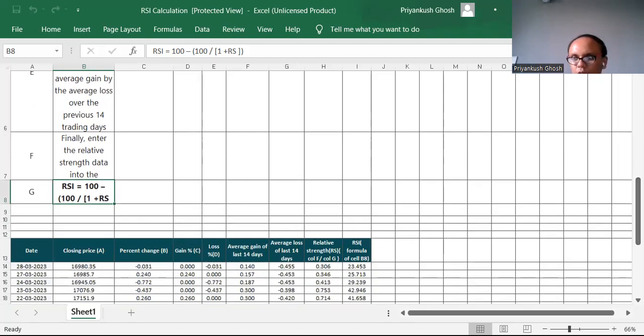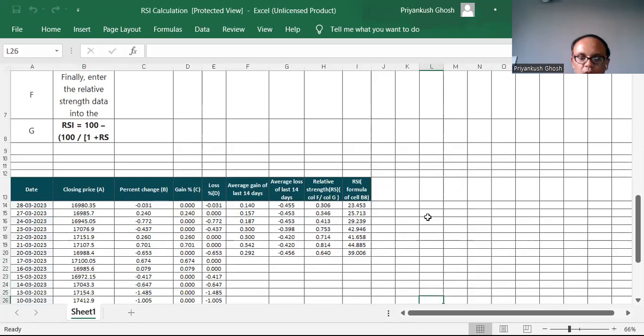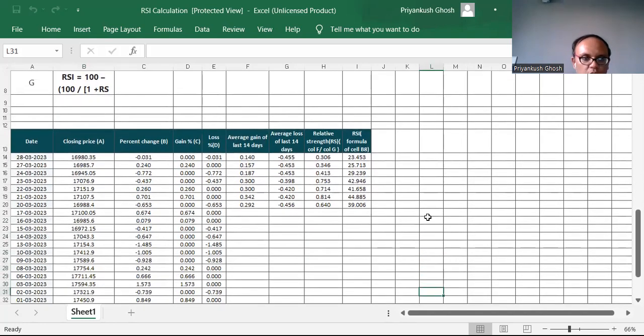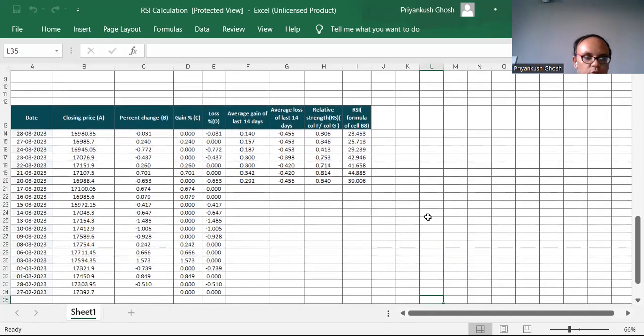You can of course take screenshots, but if you really want it, it is very easy. I am pretty sure that after watching this video, you will be able to prepare this kind of Excel by yourself, for your own convenience.